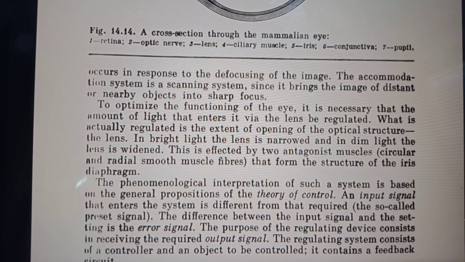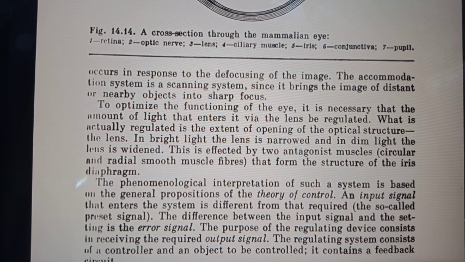To optimize the focusing of the eye, it is necessary that the amount of light that enters it be regulated. That is, what is actually regulated is the extent of opening of the optical structure of the lens.